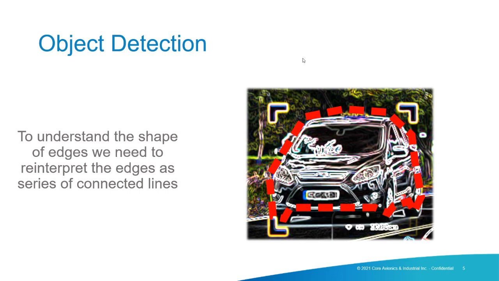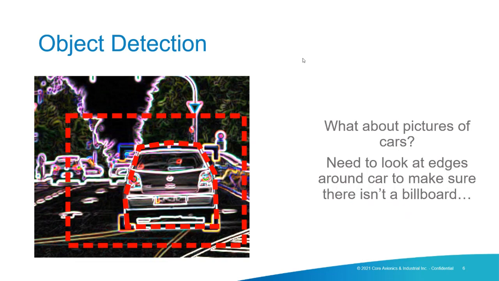And we can take this outline and then start matching it against our database of different car outlines that we have seen and see if this outline matches those kinds of perspectives, and if there's any kind of deviance, what's our confidence that this object that we're looking at is a car. But then we start running into some problems. What if we're just looking at a picture of a car?